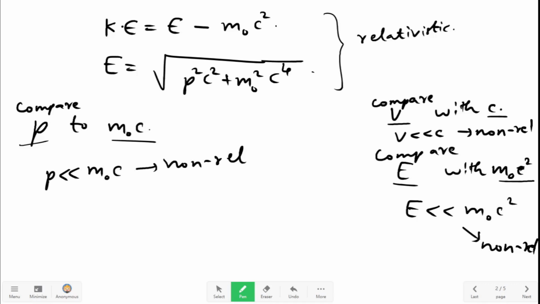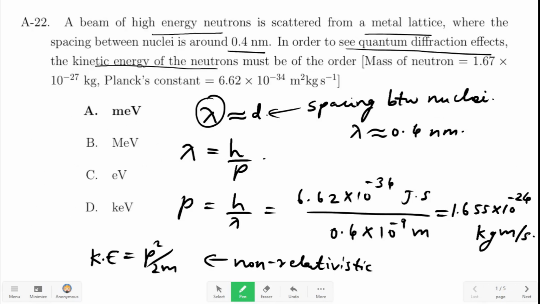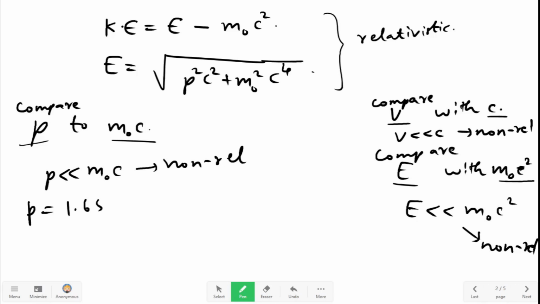Let's see if p is very less than m naught c or not. p we found was equal to 1.655 times 10 raised to minus 24 kilogram meter per second.